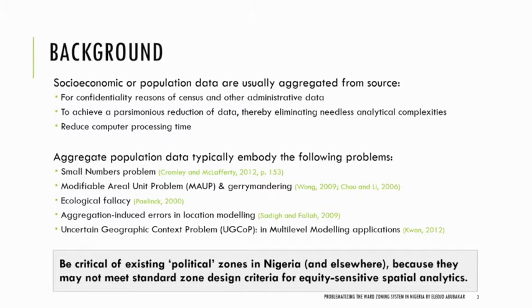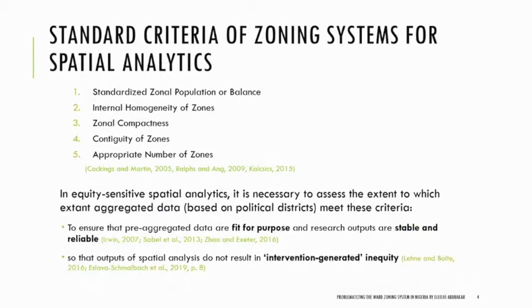So I would now look at some of the issues associated with the use of political zones. In doing this, it's important to point out that in many other countries, especially in the developed world, aggregation units are not political zones, and so they may not suffer as much of the problems discussed here. So you need to have a standard population that is balanced. What that means is that the population in all the zones is similar.